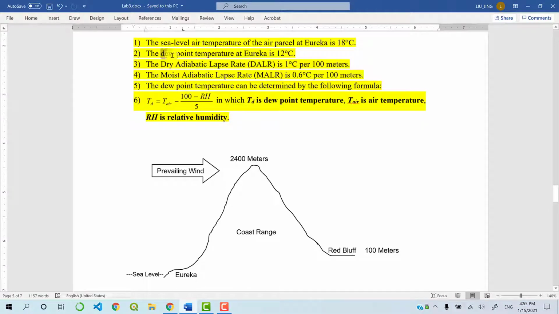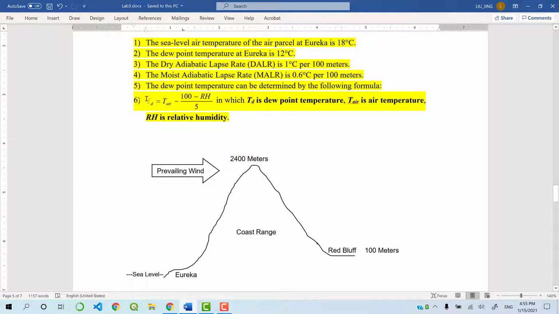That is the temperature at which the air gets saturated. At the beginning it's not saturated, so you need to determine which lapse rate to use to calculate the temperature decrease as the air parcel goes up.